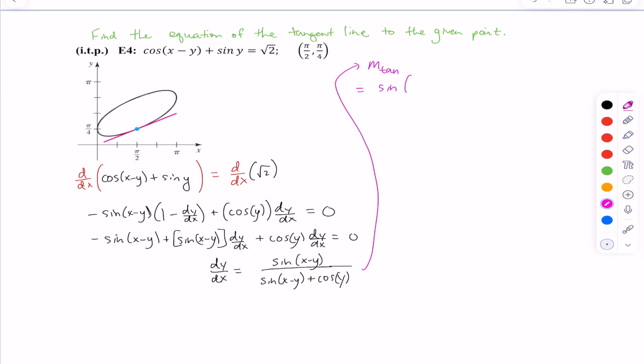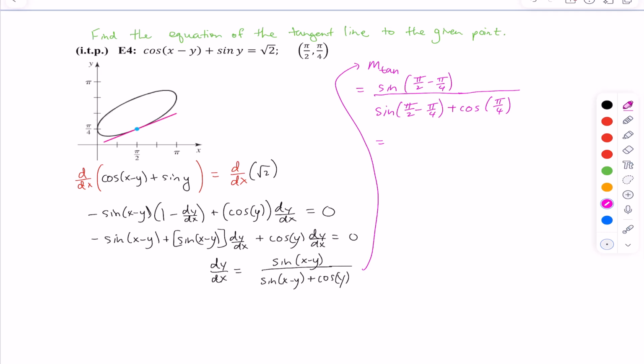Now you do need to know your trig here. And with practice, you are mastering a lot of your trigonometry experience. Pi over 2 minus pi over 4 is simply pi over 4. So all the arguments here are pi over 4.